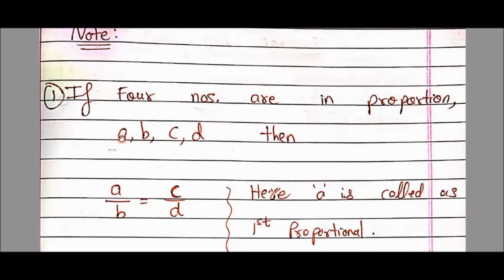Which are those? A, B, C, D. Then how can we write? We can say A upon B is equal to C upon D. This is how we wrote it in ratio form.